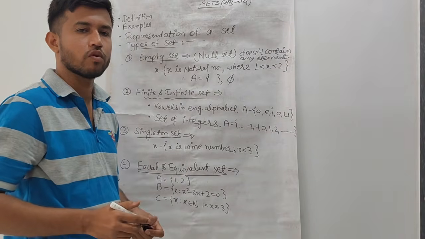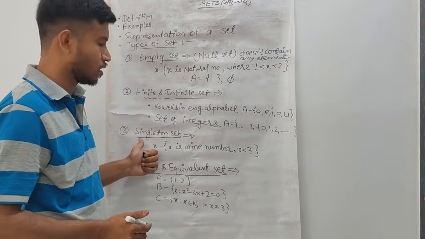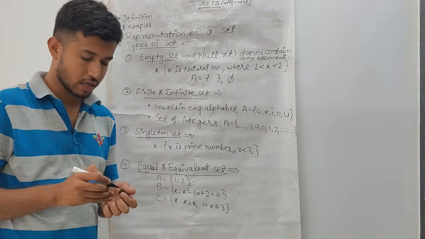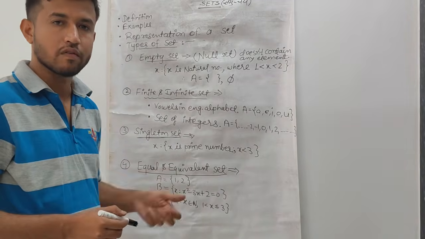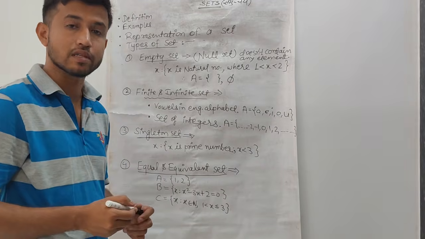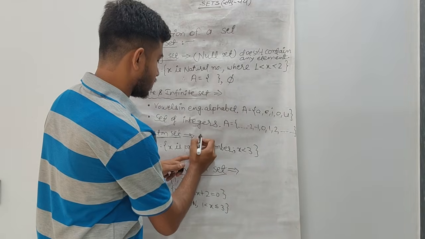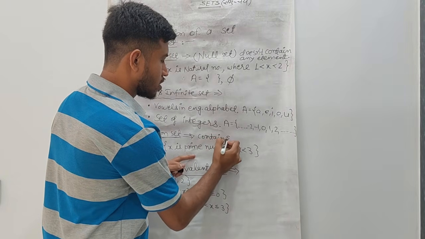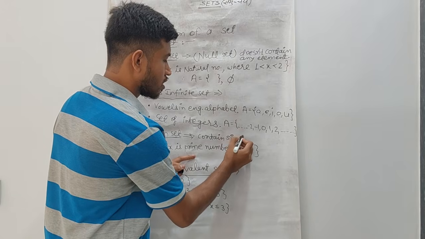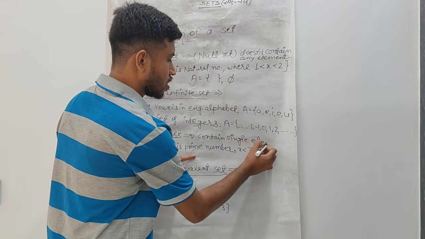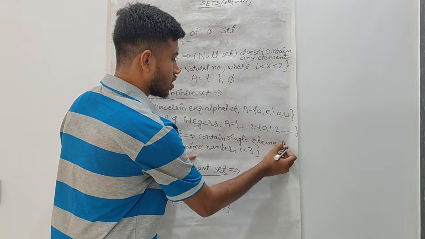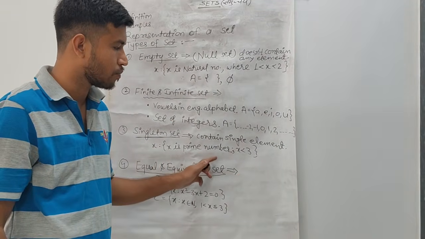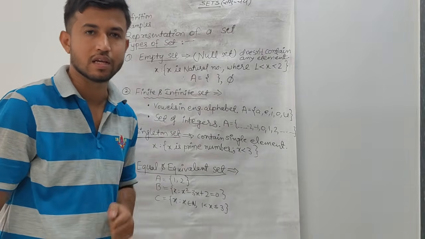Now we will move on to the next type of set, which is called a singleton set. A singleton set simply says it contains one single element in a set. For example, x is a prime number and x is less than 3.